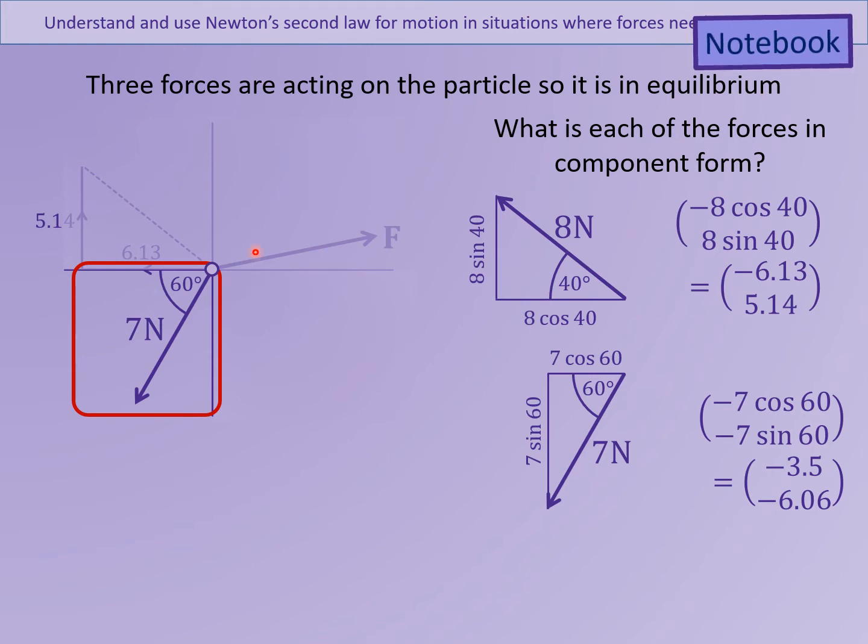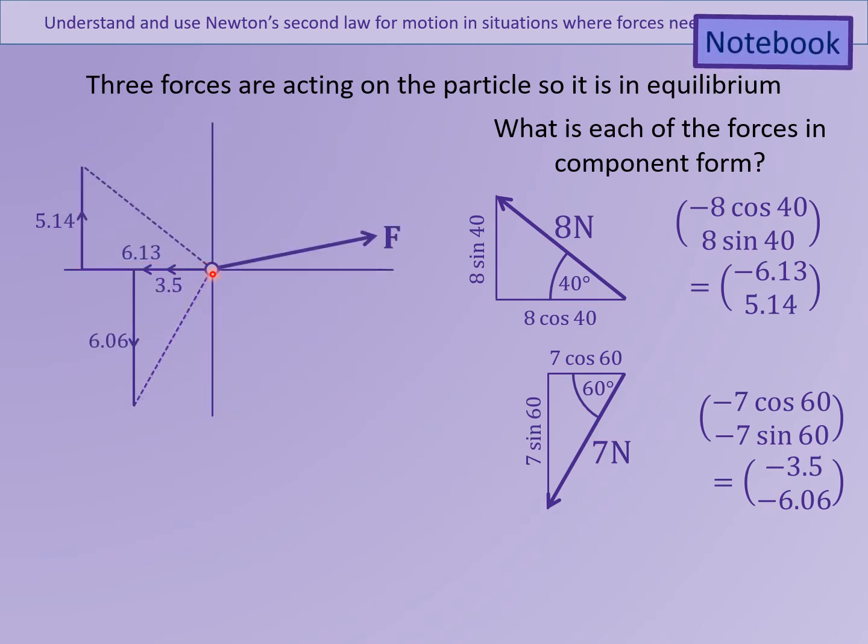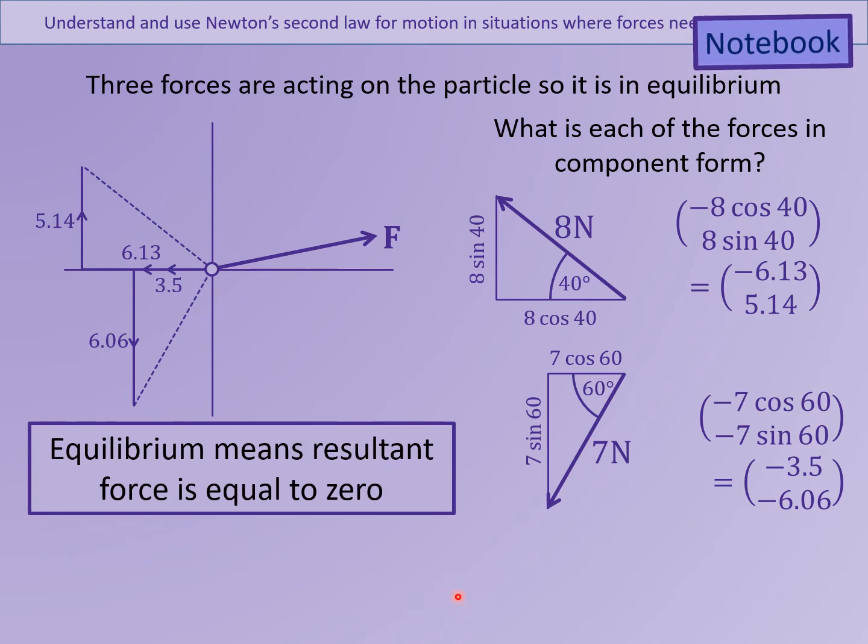All right, so we've got that. We know this particle is moving with a constant velocity. There is no acceleration acting on that. Why is that important? Because it's to do with Newton's rules, which we'll come back to in a second. Okay, so what does equilibrium mean? Just mentioned that. It means that the resultant force is equal to zero. There is no acceleration.